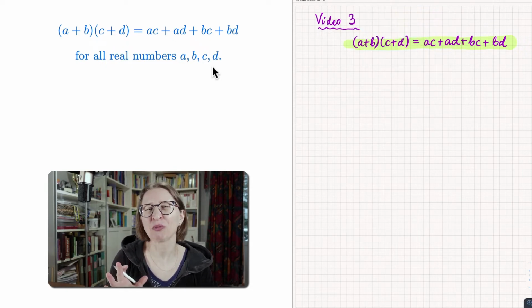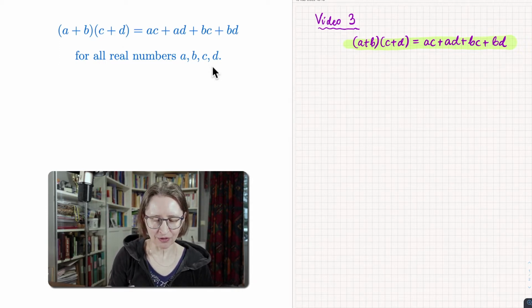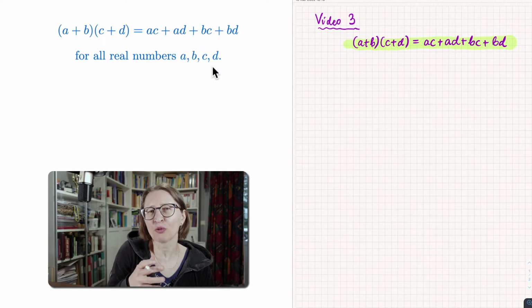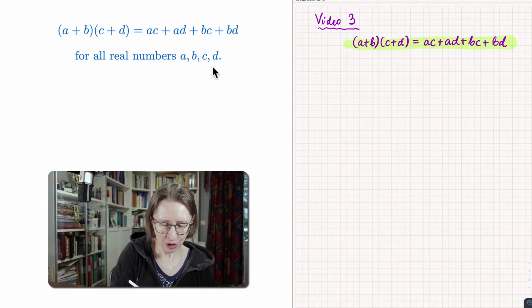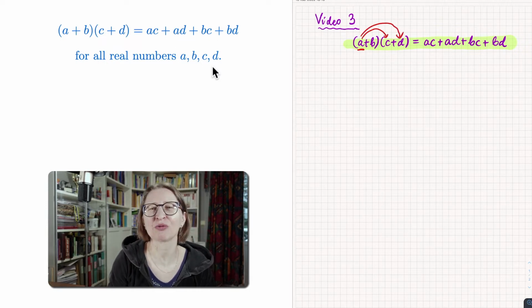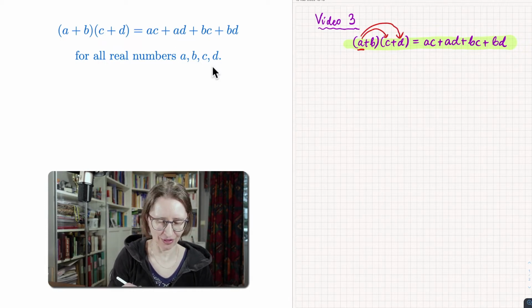Well, you have probably multiplied sums with each other, and here you see the way in which we are multiplying. What we are doing here, we take first the first element from the first sum and we multiply it with both elements from the second parenthesis.